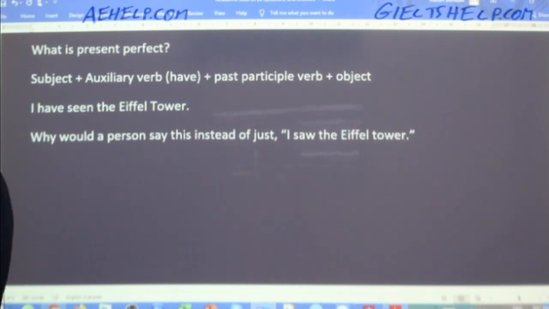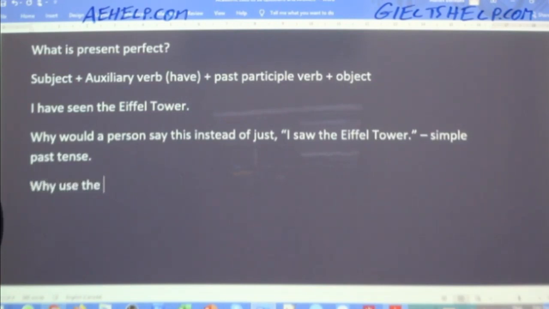Anybody know the answer to that? So why would a person just not say I saw the Eiffel Tower, which of course is simple past tense? So why not use the simple past tense? Why would a speaker choose to use the present perfect? So the simple question here is, why use the present perfect?